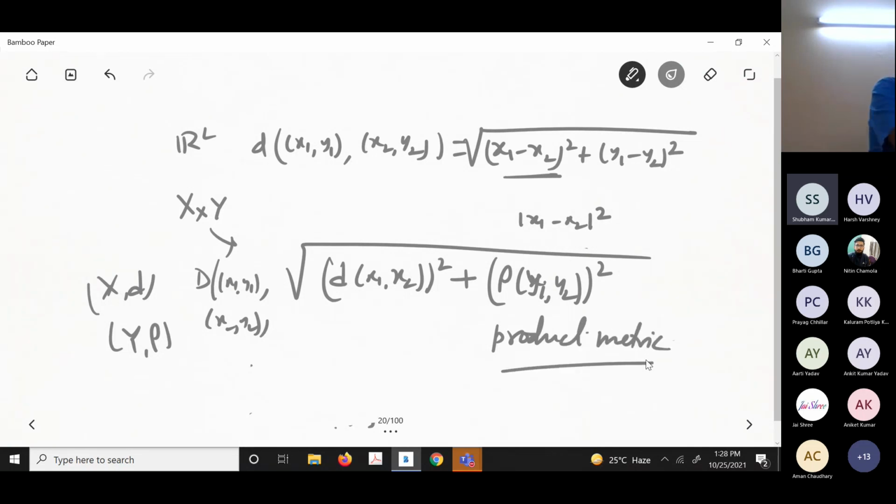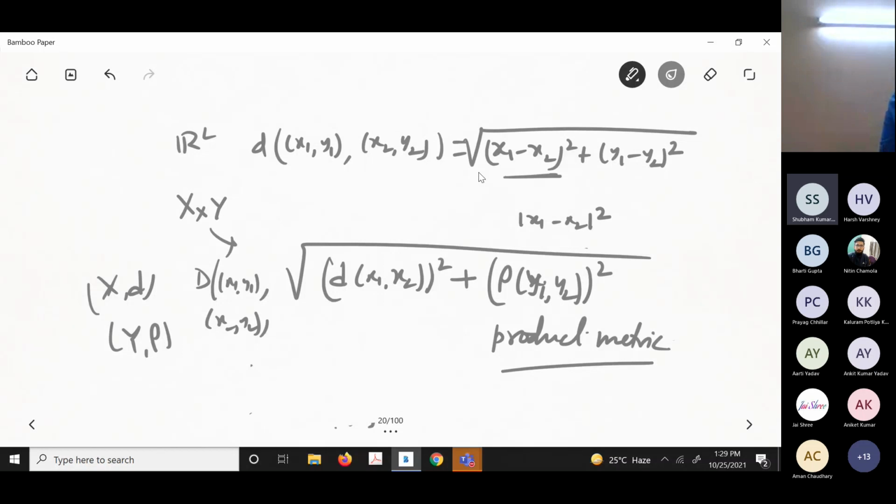But the problem is that in R square, you have also seen that this metric is difficult to handle because first of all, inside you have square, then you have square root. So that is actually the idea of the equivalent metric. If I have a simpler equivalent metric, I can deal through the equivalent metric.